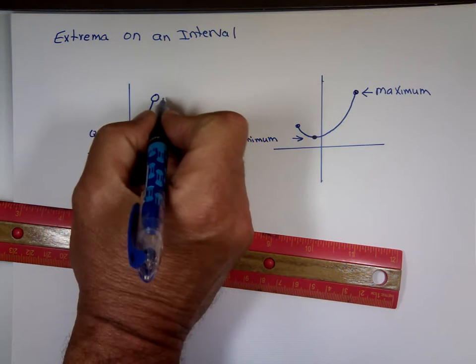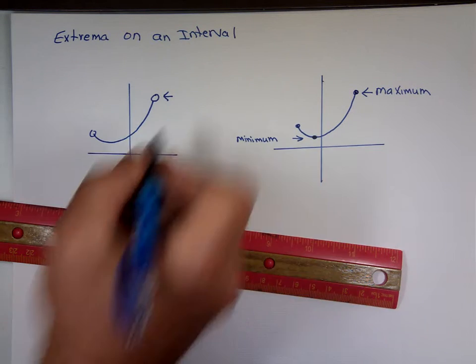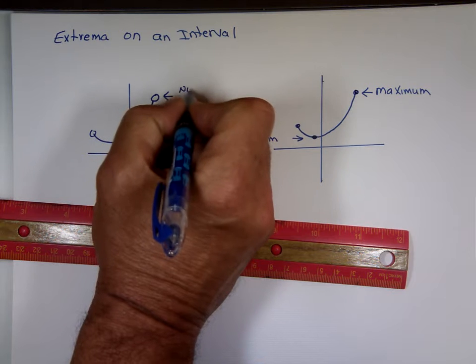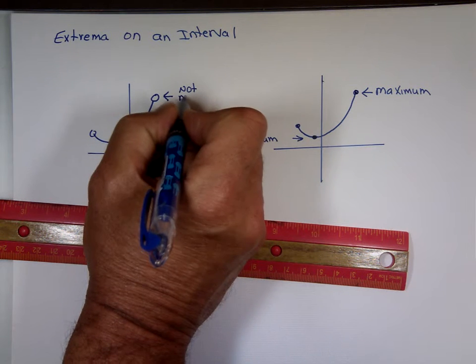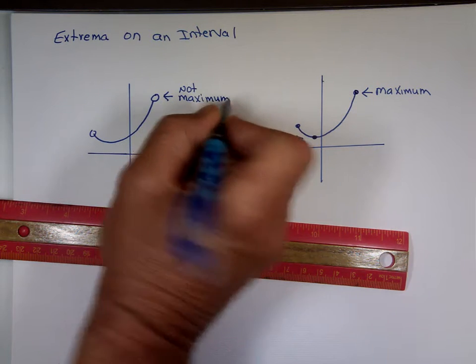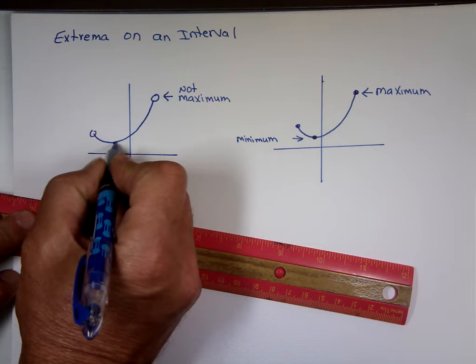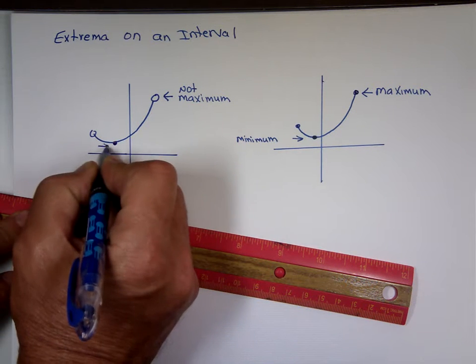Is this a maximum? No. Not a max. We don't know what that number is because you can't reach it. So we do not have a maximum value. Do we have a minimum value? Right here. That's still the minimum.